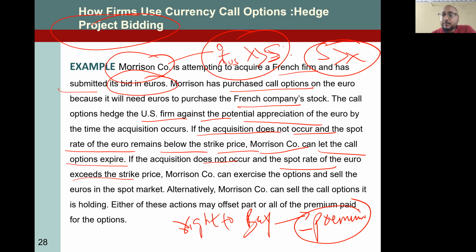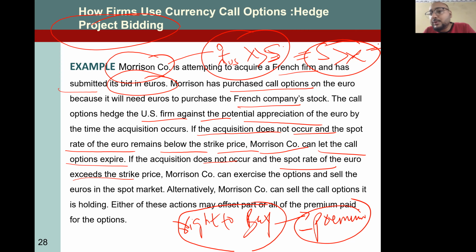If Morrison decides to continue with the call option, then the seller has the obligation. Only the buyer has bought the right to buy, but the seller has the obligation because the seller received the premium. So even if they didn't purchase the company, there is an opportunity to make a profit because in the spot market the price is above your contract price, or strike price.